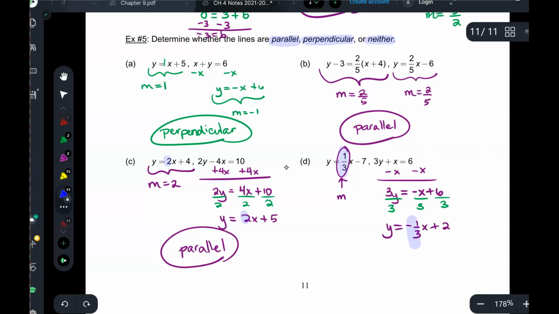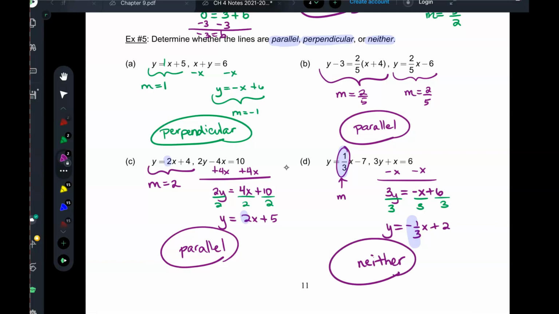So we have positive 1/3 and negative 1/3. It's not the reciprocal, so this is neither. If it was negative 3 over 1. And a quick way to check this, if you were to multiply these two numbers together, do we get negative 1? No, we get negative 1/9.